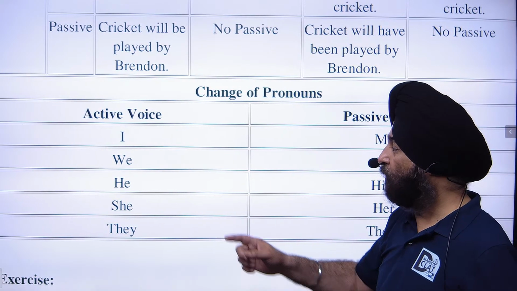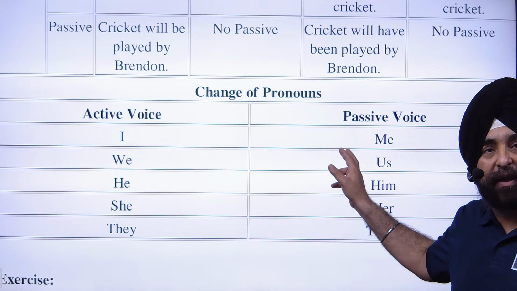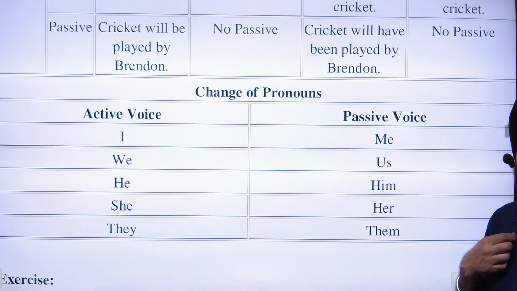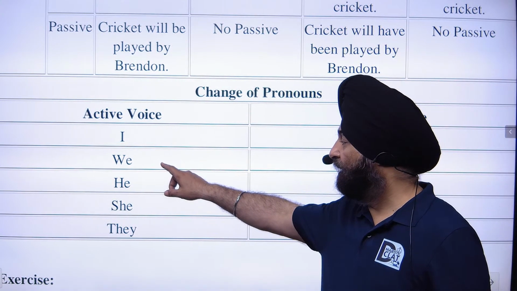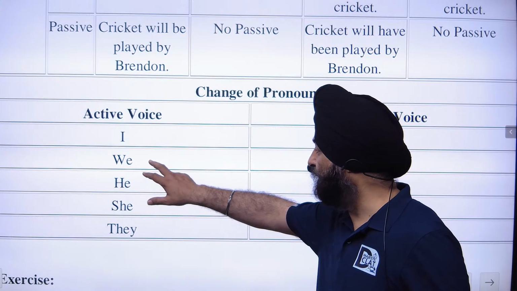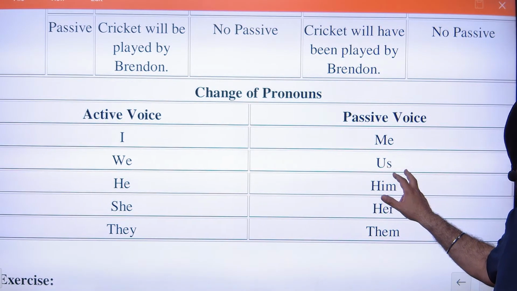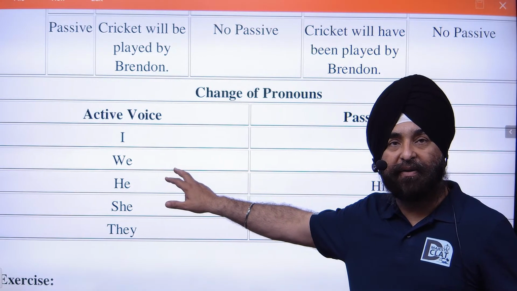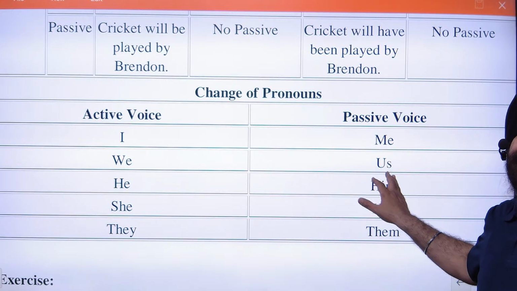What do we use when we convert it into a passive voice? This job has been done by me. Similarly, this we changes into us. We prepared this dish. This dish was prepared by us.